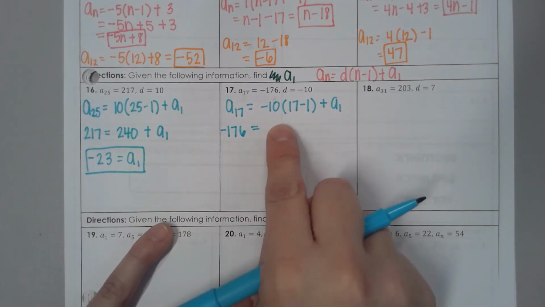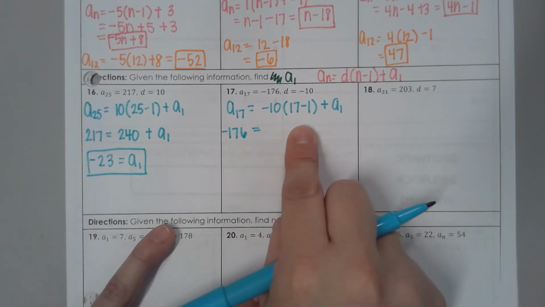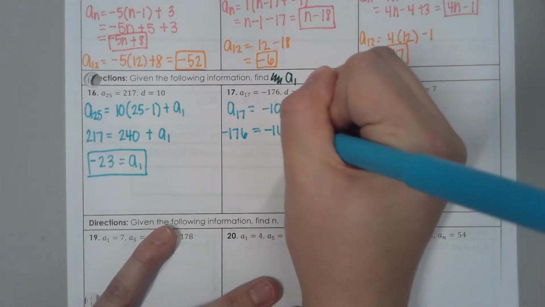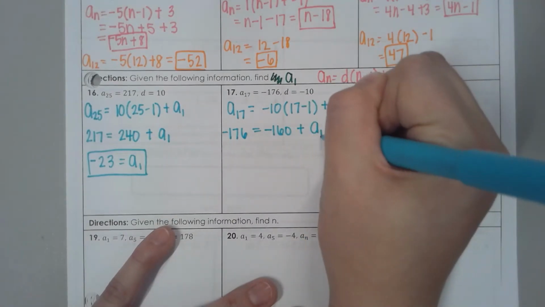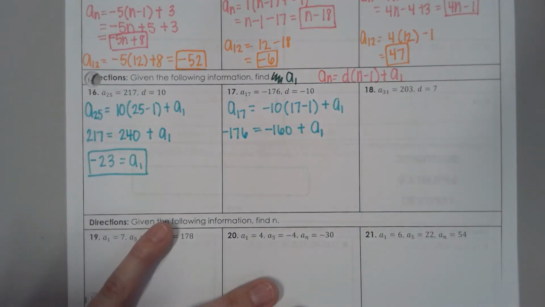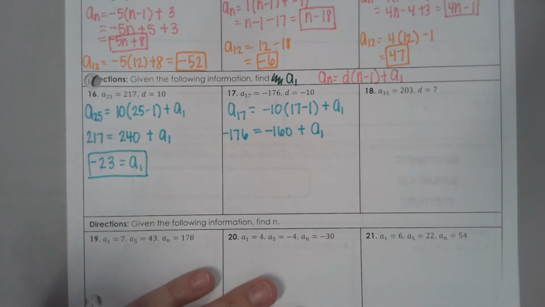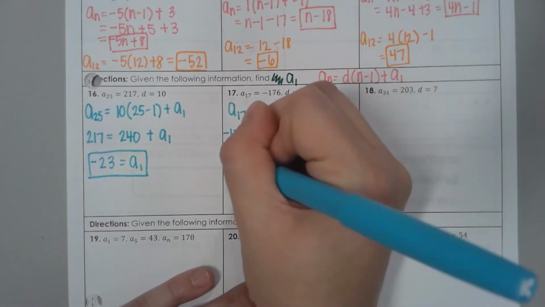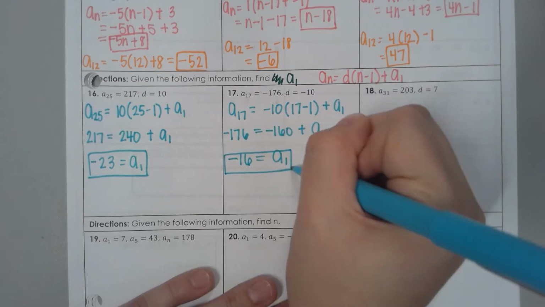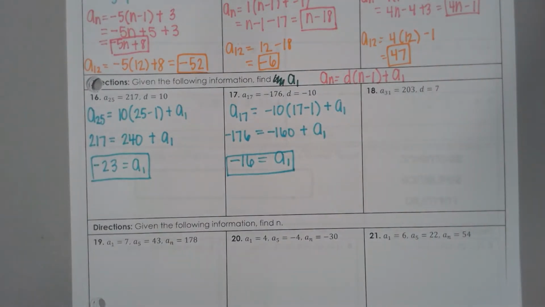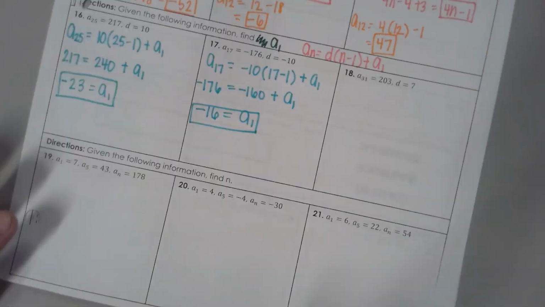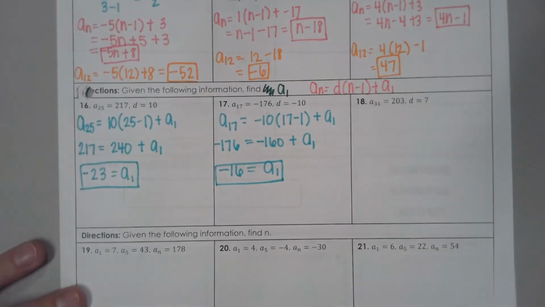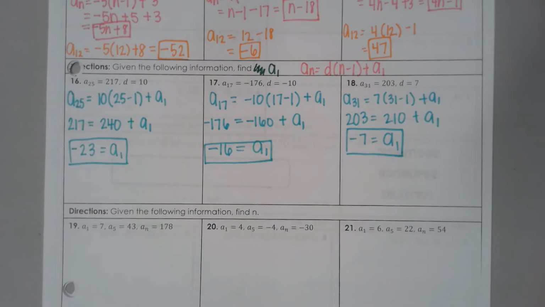And then when I multiply this, -10 times 16, that's -160 plus A1. And then if I add 160 to both sides, I get -16 equals A1. Try number 18 on your own. I got A1 equals -7.